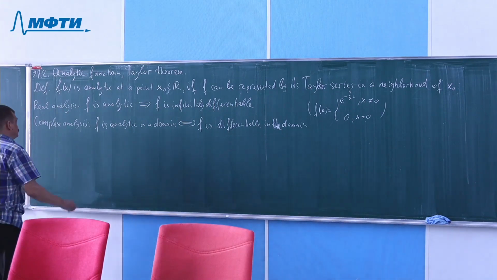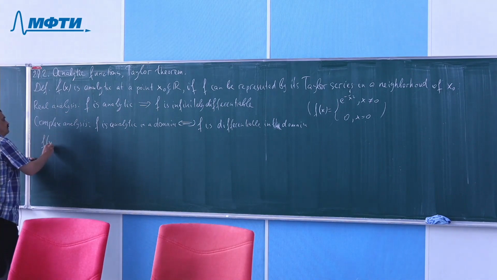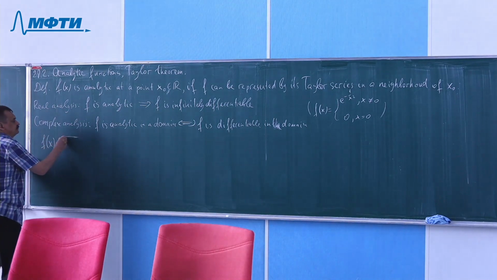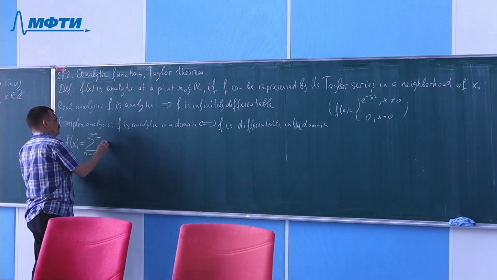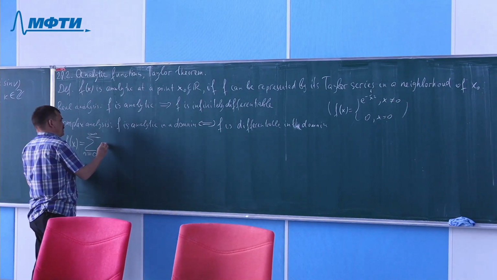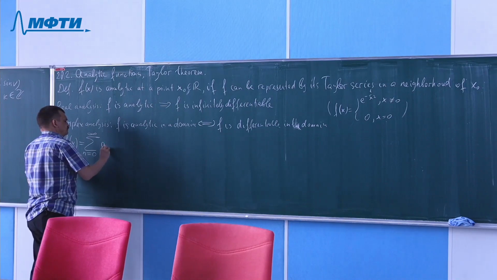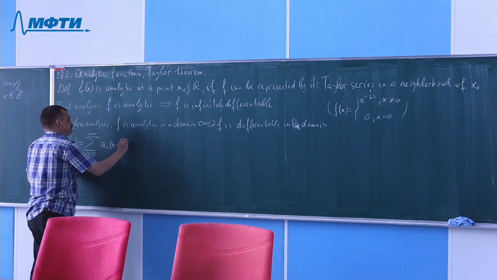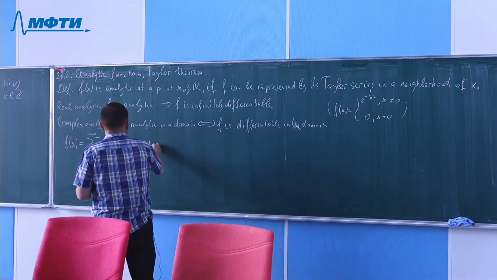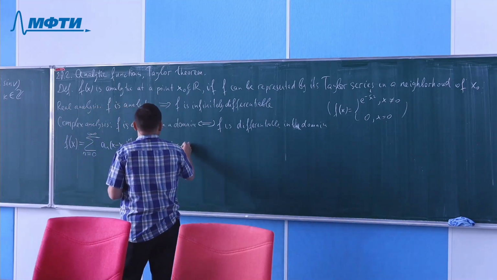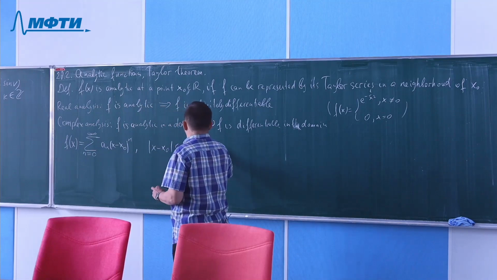Look, we represent our function by a Taylor series, right? The radius of convergence is positive, so it converges for such values, r is positive.